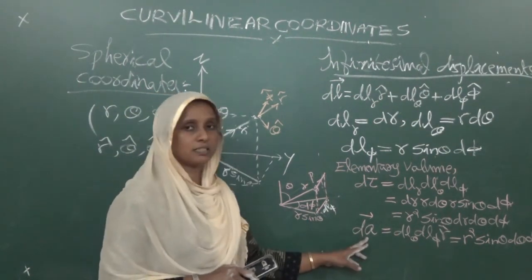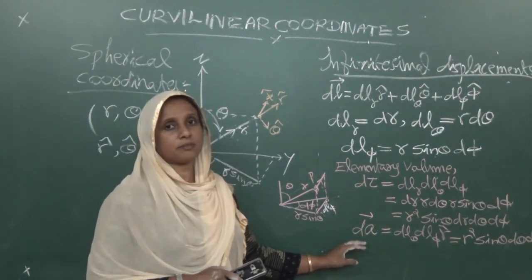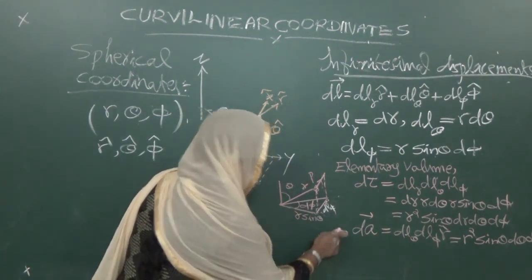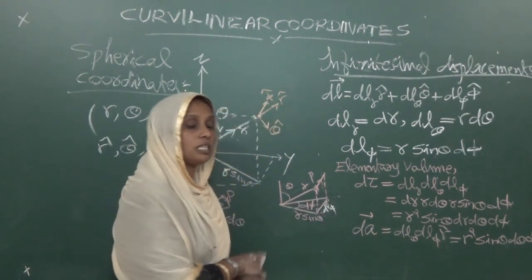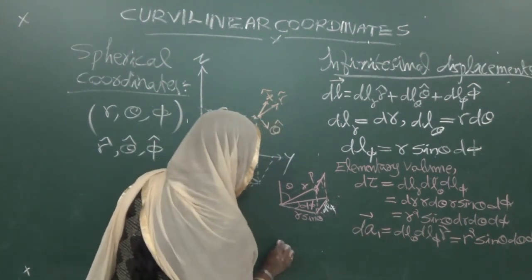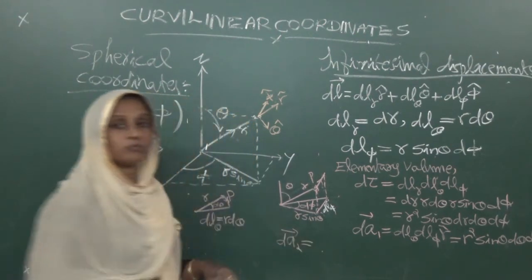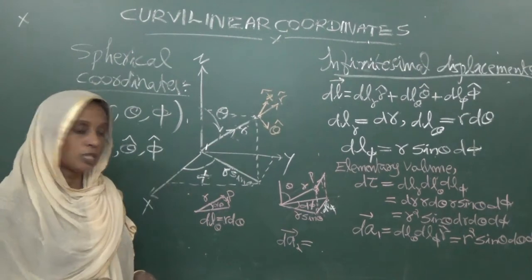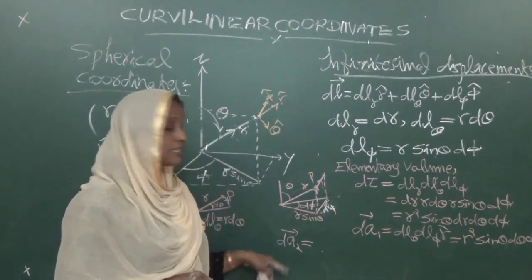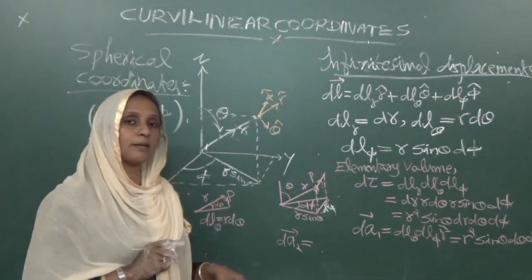Similarly, you can write areal components along theta cap. Okay, if you want the elementary area along the theta cap direction, how can you write this? You can write this one as dA1. If you need dA2, suppose this vector area is considered across the r and theta components. Then what happens?